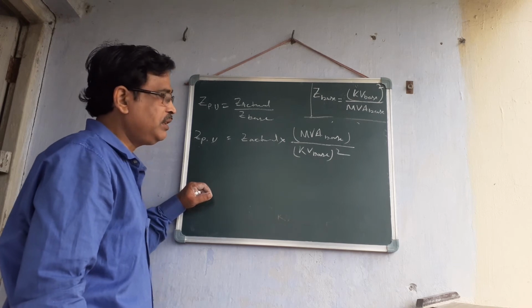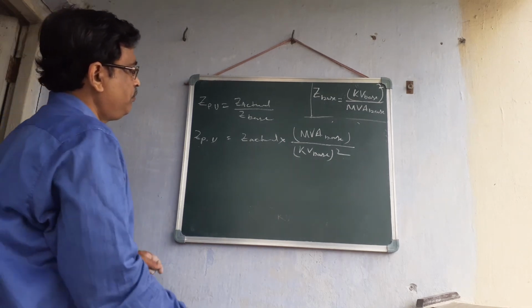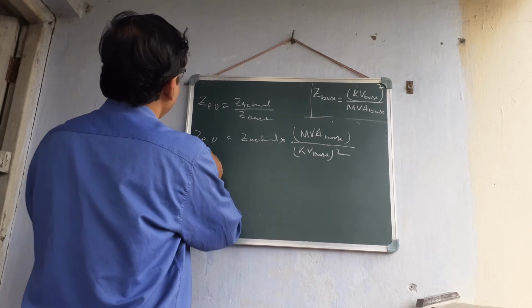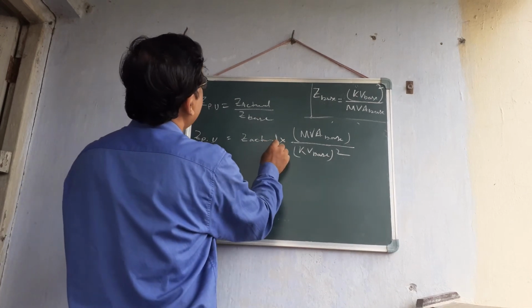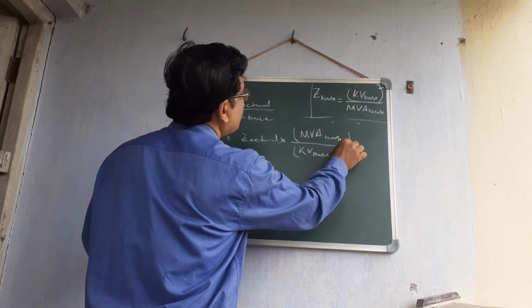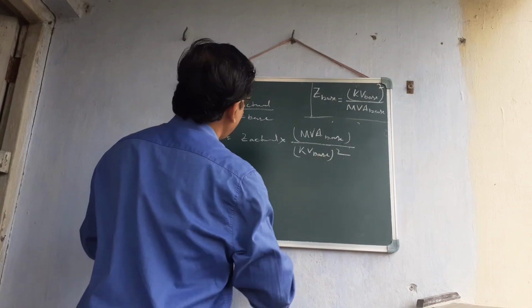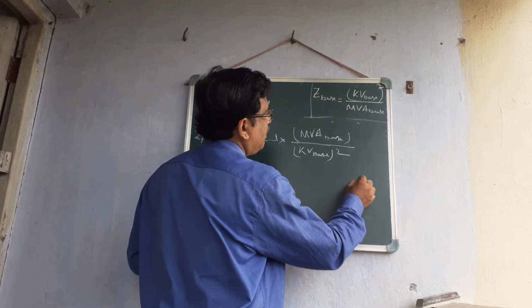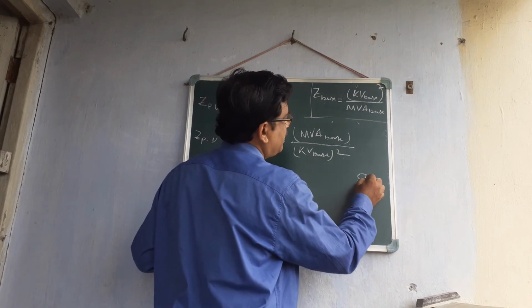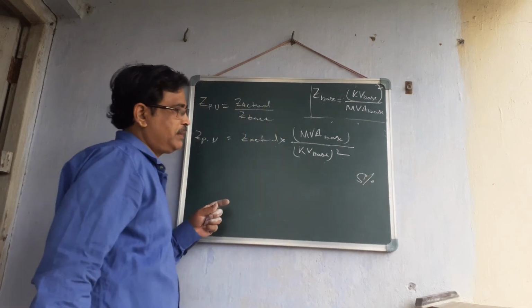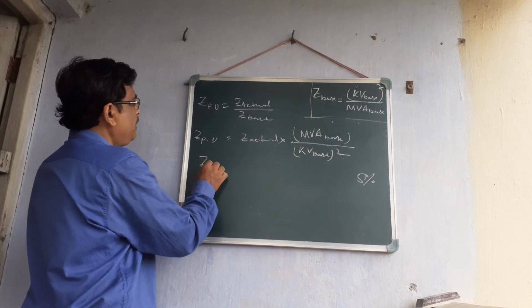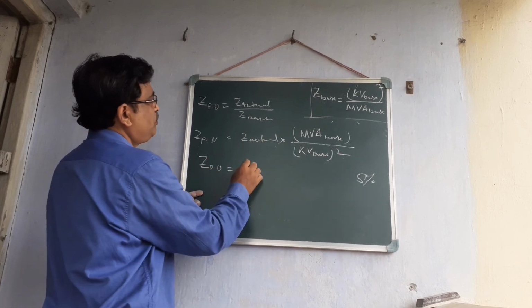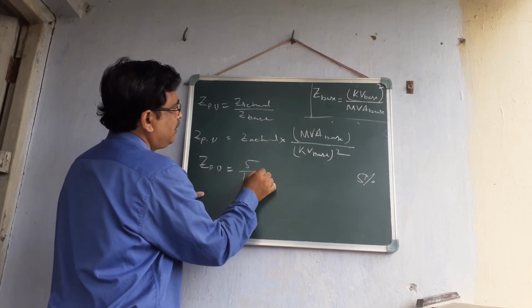We can conclude it? No. From this, another important point: Z per unit is Z actual times MVA base over kV base square. Now, if Z is expressed in percentage reactance, that is 5%, then Z per unit will be 5 by 100.